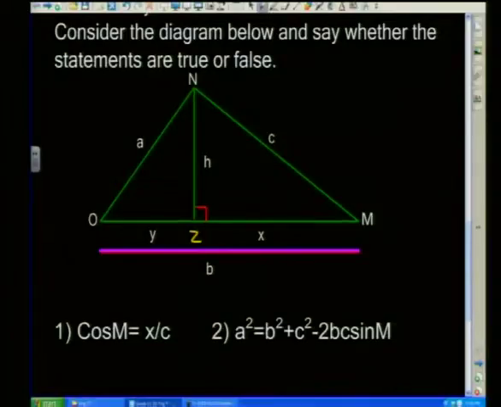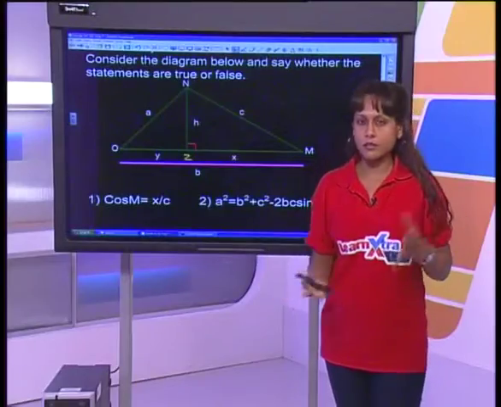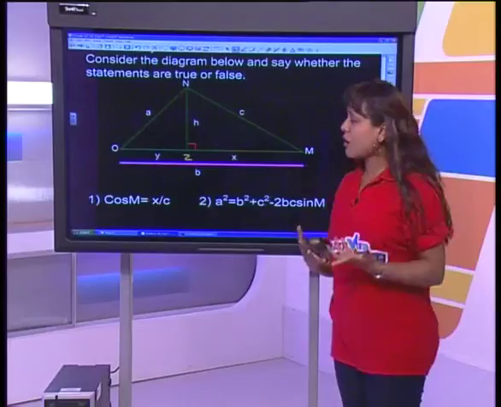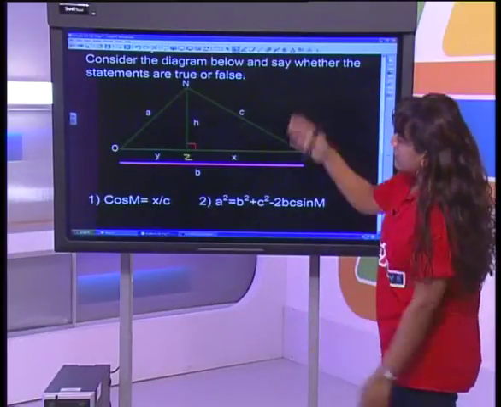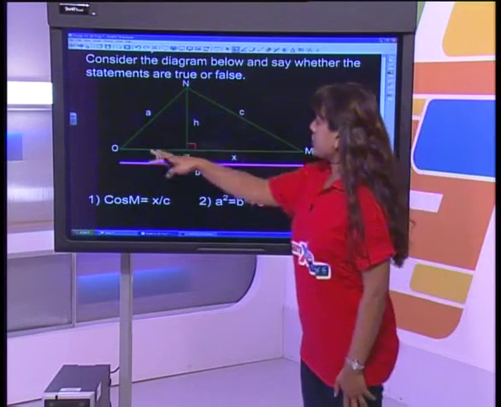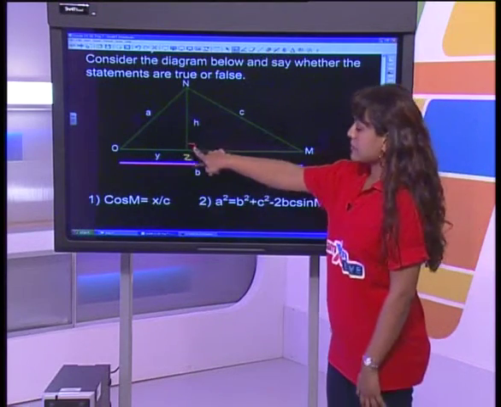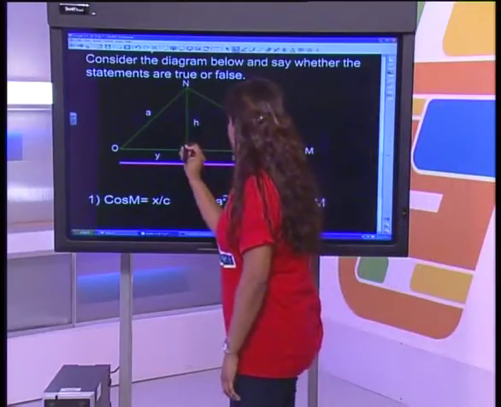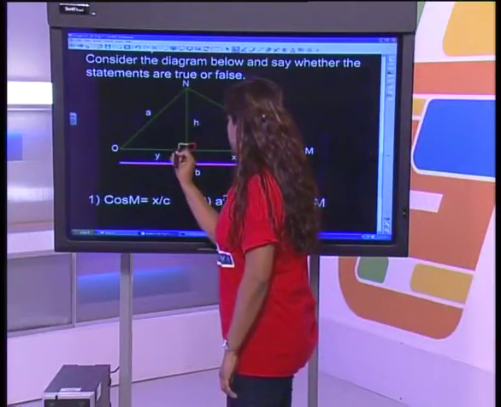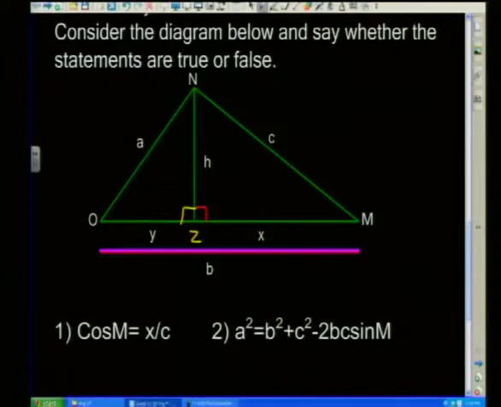So in total, you've got 3 different triangles, so many different ways they could ask you to solve this triangle. They've also given you that NZ is perpendicular to OM. We've got that little red sign there, which means it's at 90 degrees. Therefore, obviously, the adjacent angle, using angles in a straight line, would also be a 90-degree triangle.